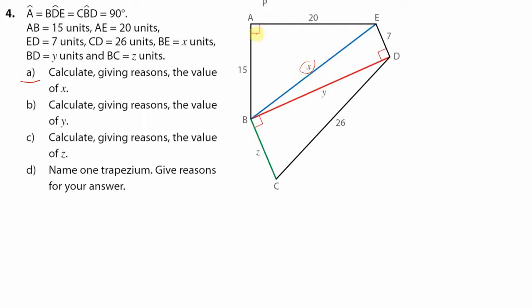Since we have a 90-degree triangle, we may use Pythagoras, which states, find the longest side, the side opposite the 90-degree angle, square it. So we take the longest side, we square it, and that is equal to the two shorter sides, their squares added up.